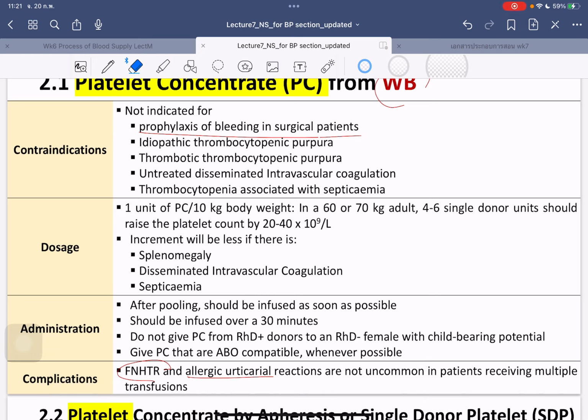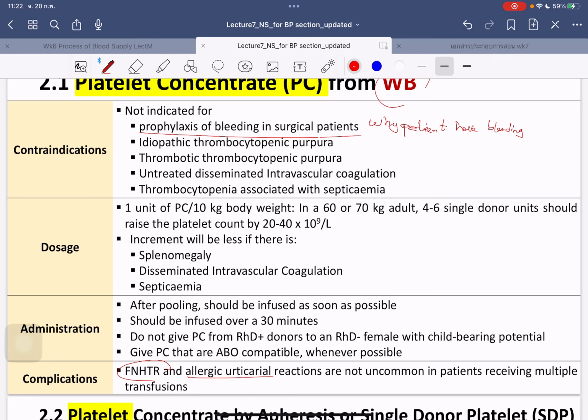So when the doctor does an operation, they will send out the PT and APTT tests first to see whether the patient has any coagulation factor defect or not. If you find the patient has a coagulation defect, you tell the doctor and the doctor will give some specific treatment before the operation.